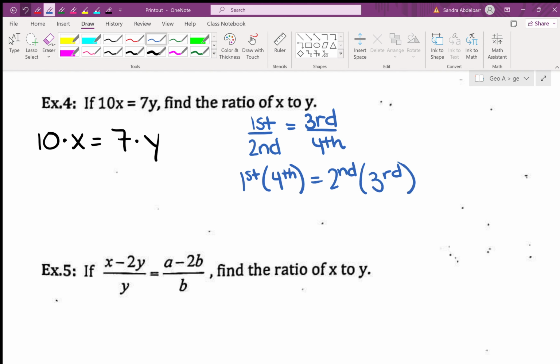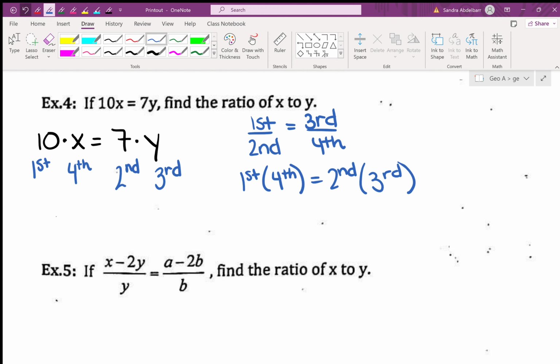Do we agree? So that's telling me that 10 is the first, which means x has to be the fourth. 7 is the second, which means y is the third. Now that I know this is the first, this is the fourth, this is the second, this is the third, can I put it back into a proportion?